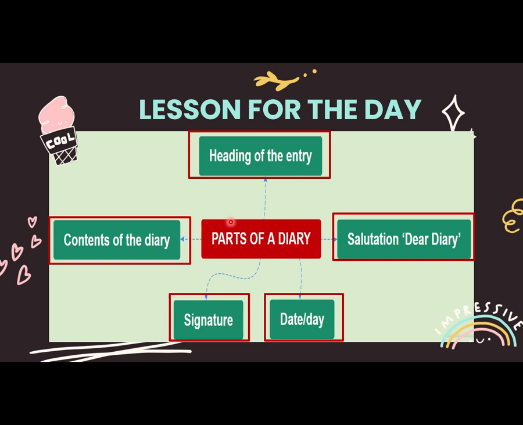Now, this is our lesson for today. The parts of the diary. The first one is date or day, for example, October 27, 2020, Tuesday. The next part is salutation. You're going to use the salutation, Dear Diary.